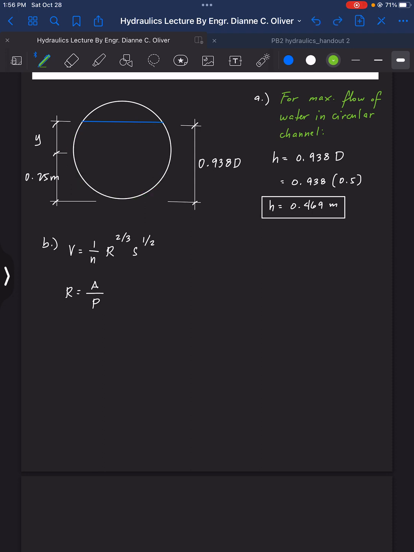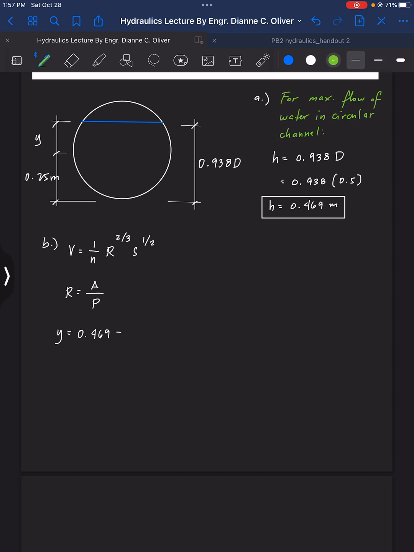So how do we solve for the values of area and the value of P? We need to find the value for y. So y is equal to the h of 0.469, the total height, minus the radius.